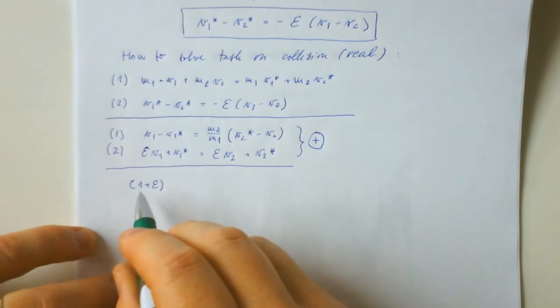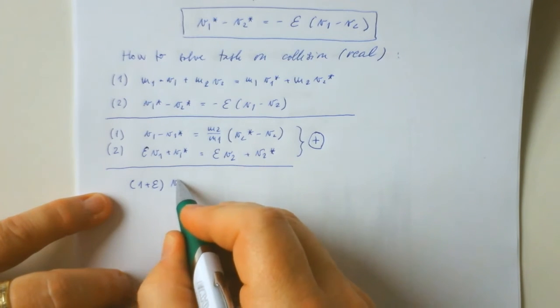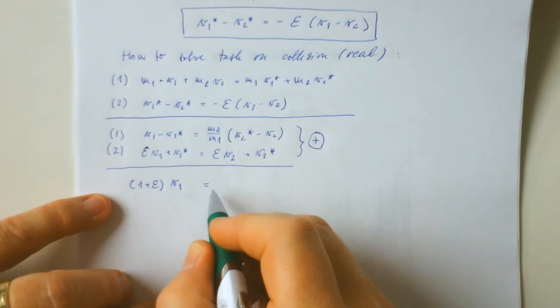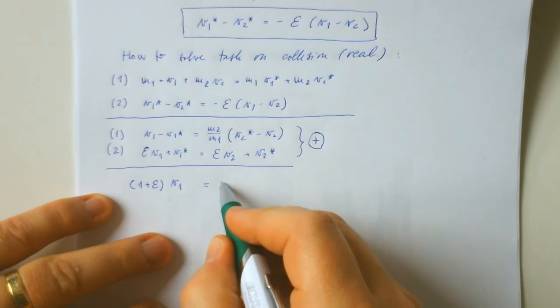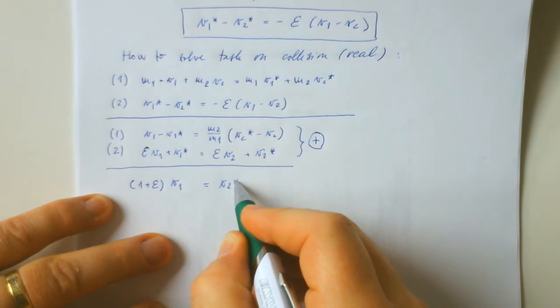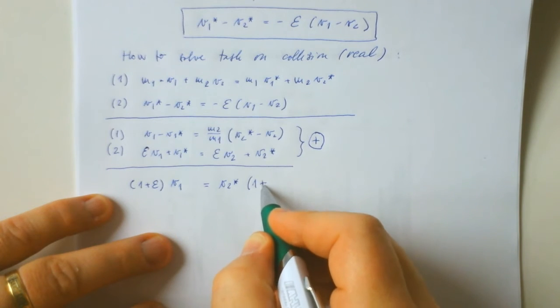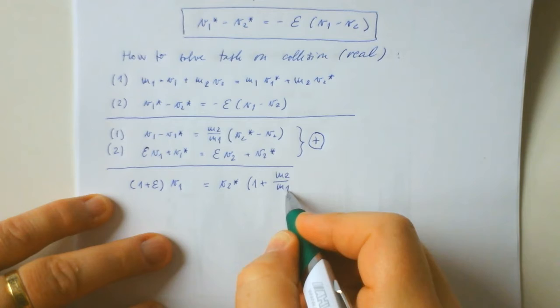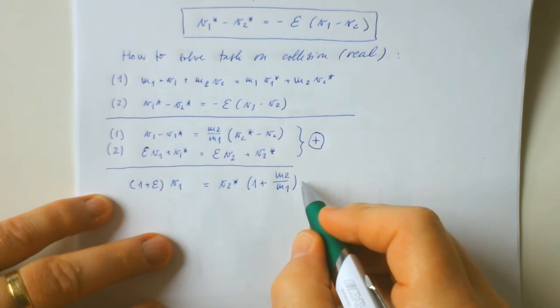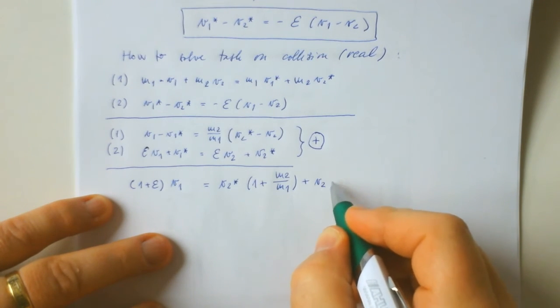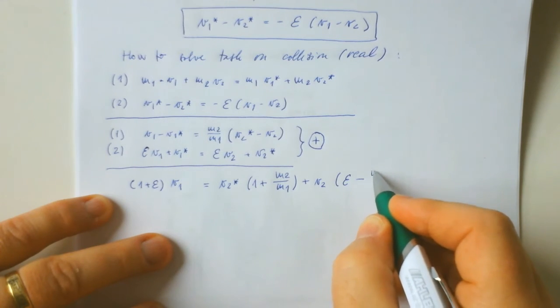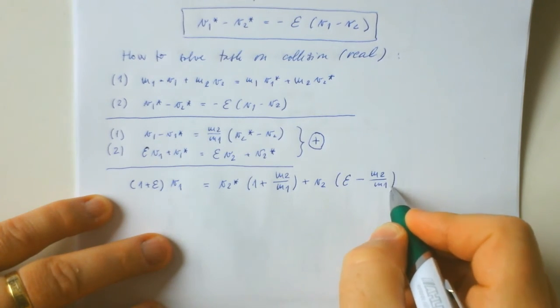We can put v1 out of the brackets from this summation, and on the other side there remains v2 star times (1 plus m2 over m1) plus v2 times (epsilon minus m2 over m1).